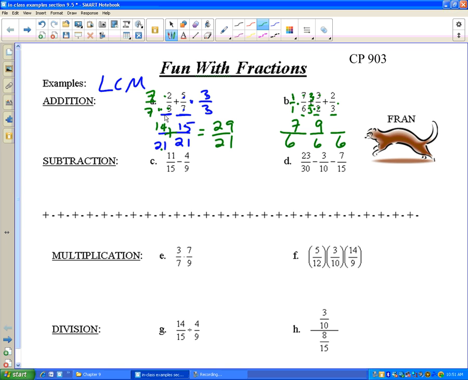And over here, now that I have more room, 3 times 2 is 6, so 2 times 2 will give me 4. Remember, each of these fractions has to equal 1.